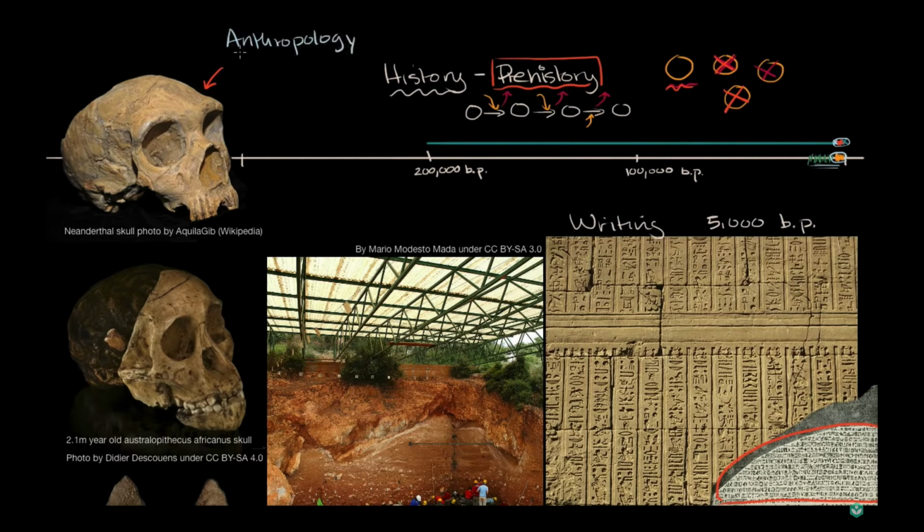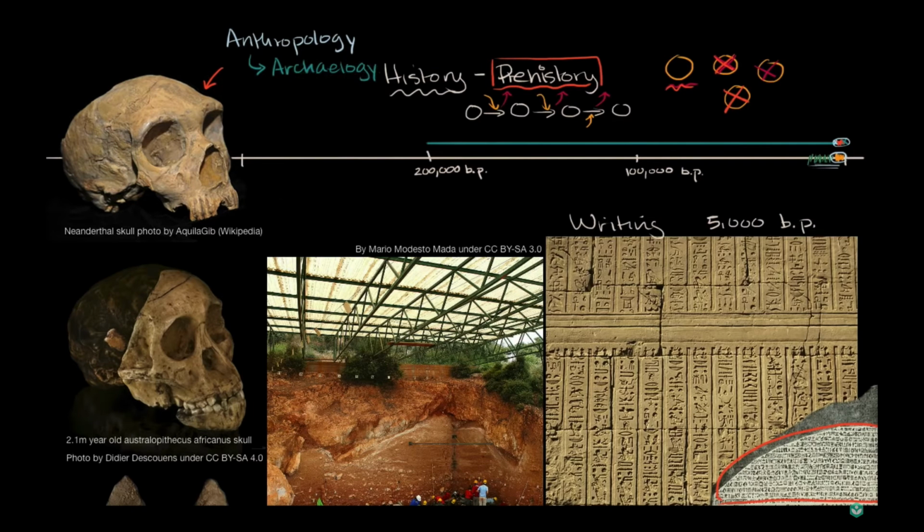This is a study of present and past humans and human society. And then a subset of anthropology, which is really delving into prehistory and even history itself, is archaeology. Archaeology is the subset of anthropology that focuses on the past study of humans and human society, and they're mainly going to do it through remains.